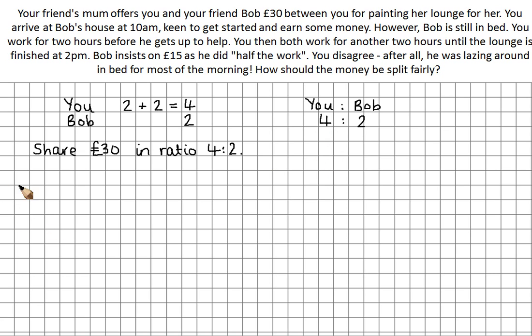So what we do then is we work out how much money you get per hour. So altogether, you've worked 4 hours and Bob's worked 2 hours. So that's 6 hours altogether that you've worked.